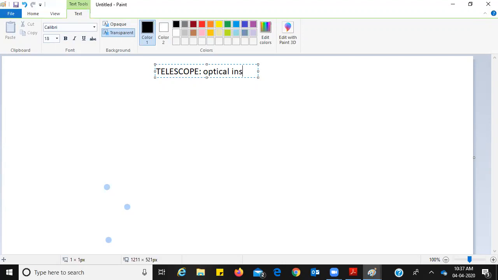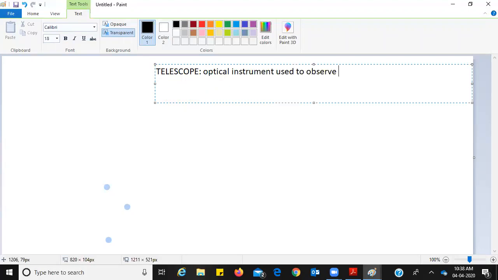A telescope is an optical instrument used to observe distant objects with angular magnification.